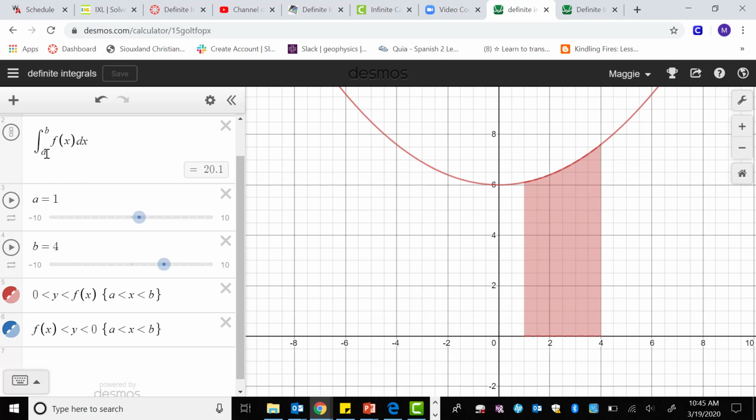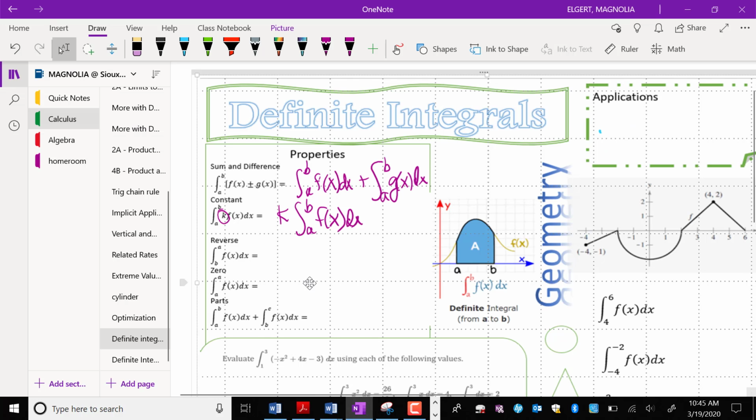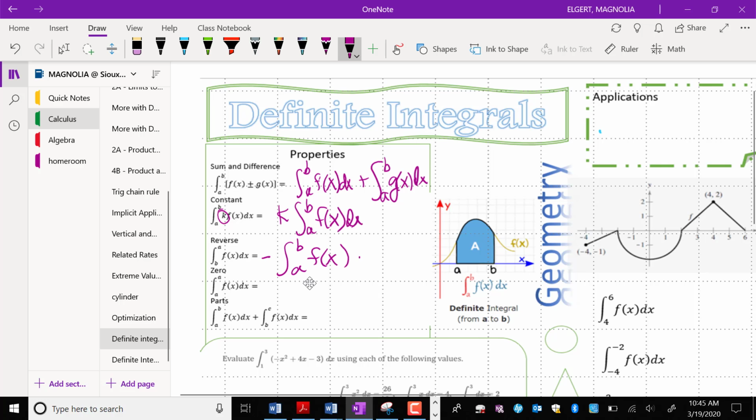So I'm going to make a 4 and I'm going to make b 1. So remember this 20.1 so you can see the difference. So a now is 4 and b is 1. So what happened? It's the inverse, it's the negative value of that. So if we go back here, we can write that that is the negative value of the integral from a to b of f of x dx.